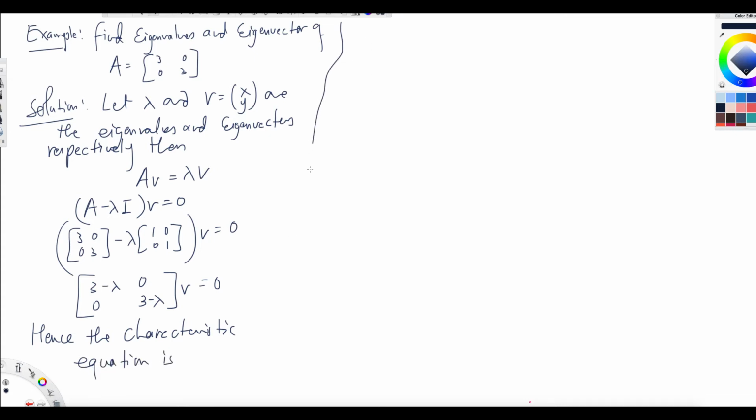What we do to find the characteristic equation is take the determinant of A minus lambda I. So don't take the v for the characteristic equation, just take the determinant of that matrix only. So you get the determinant of 3 minus lambda, 0, 0, 3 minus lambda equals 0.